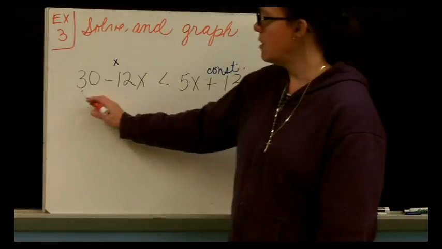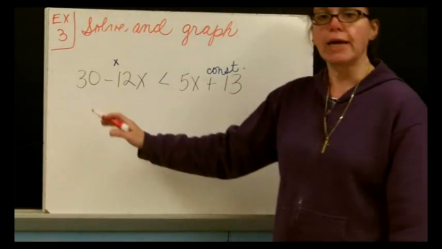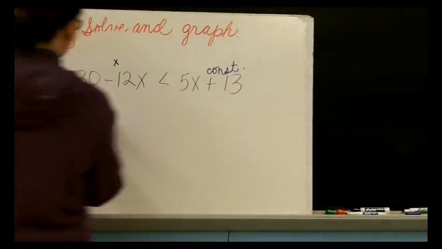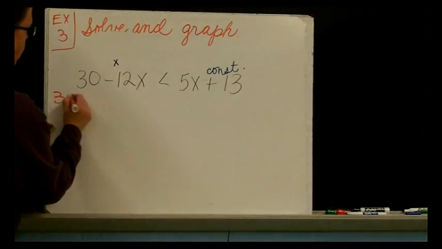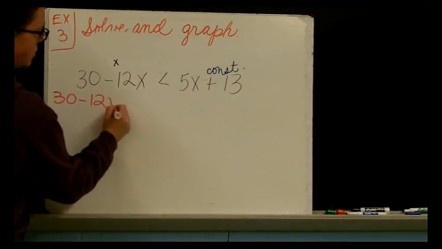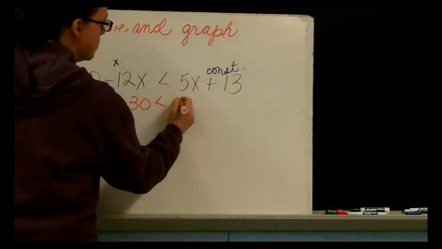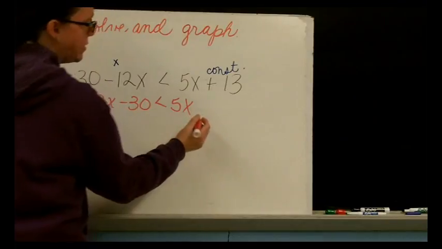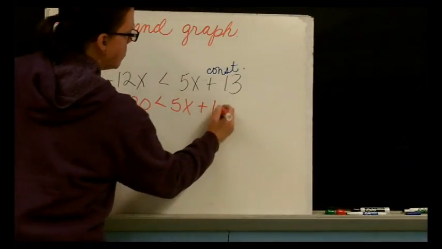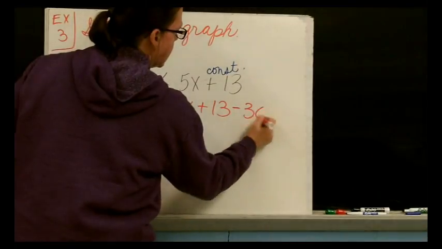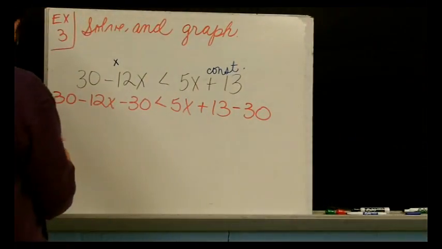So the way to get rid of a positive 30 is to put a negative 30, and we have to put that on both sides. So we write down our original expression, and then add on a negative 30. Same on this side, we will write our original expression, and then our negative 30.